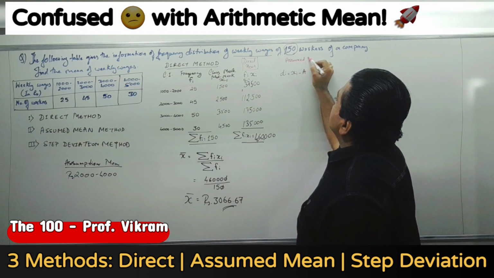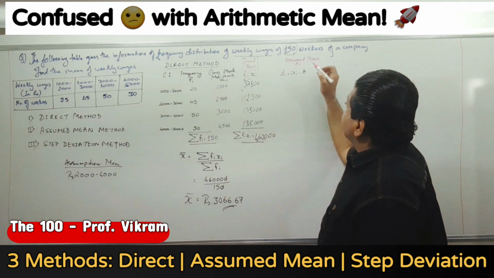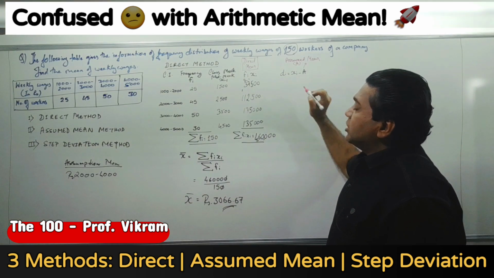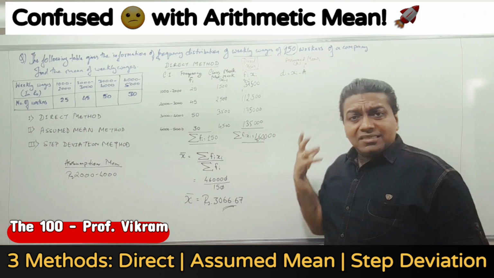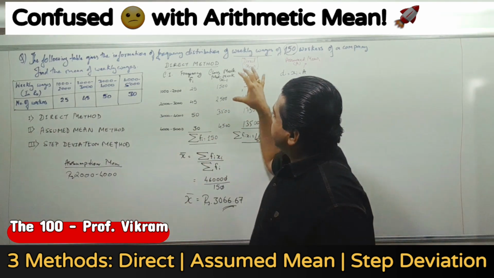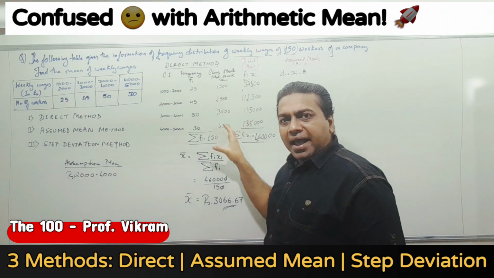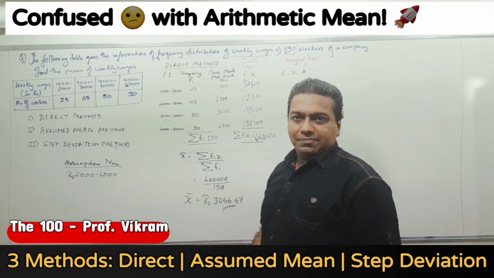So in assumed mean method, a stands for assumed mean, and this is the a which I am going to take. Now what is this a exactly? a is, as the word suggests, assumed mean. So out of these xi, any one value you can take as the value of a.